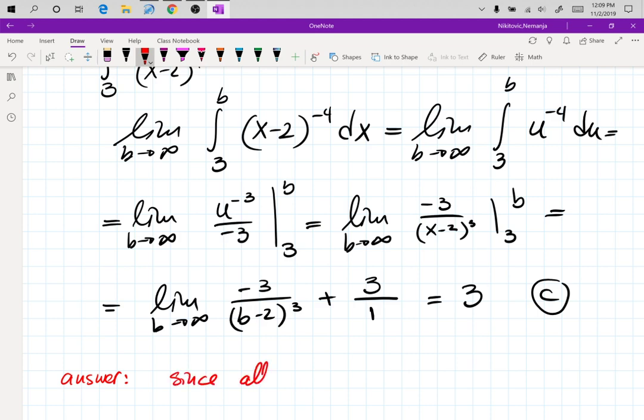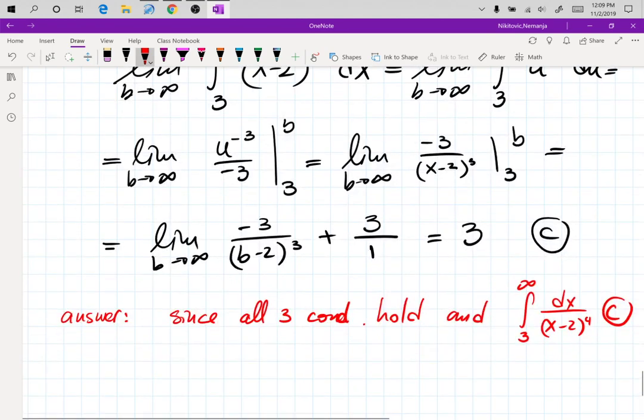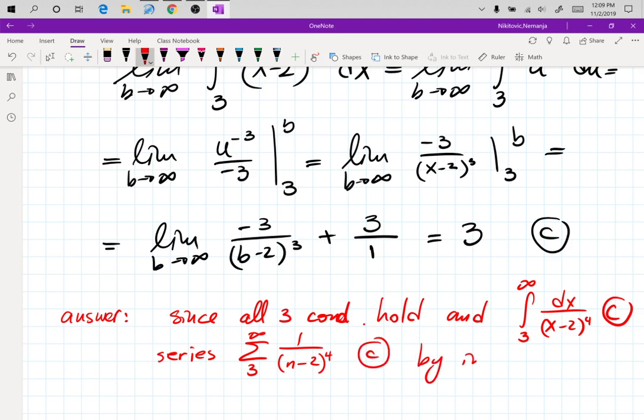Since all 3 conditions hold and the integral from 3 to infinity of dx over x minus 2 to the 4th converges, the series summation from 3 to infinity of 1 over n minus 2 to the 4th converges by the integral test.